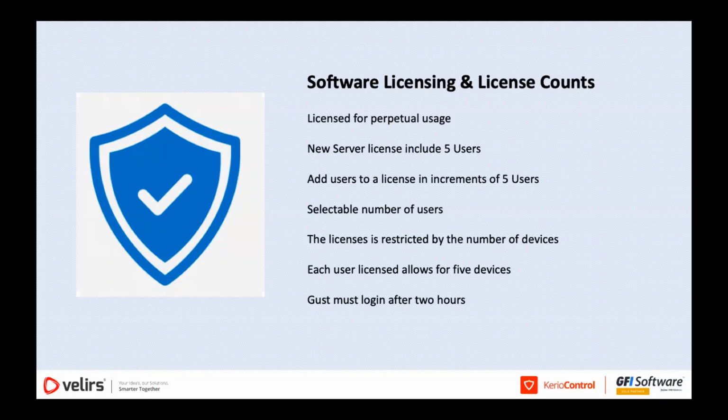Now when I'm talking about licensing of number of devices and users, don't get confused with it. For example, if you have 5 users of Kerio Control, you can manage up to 25 devices concurrently in your network.